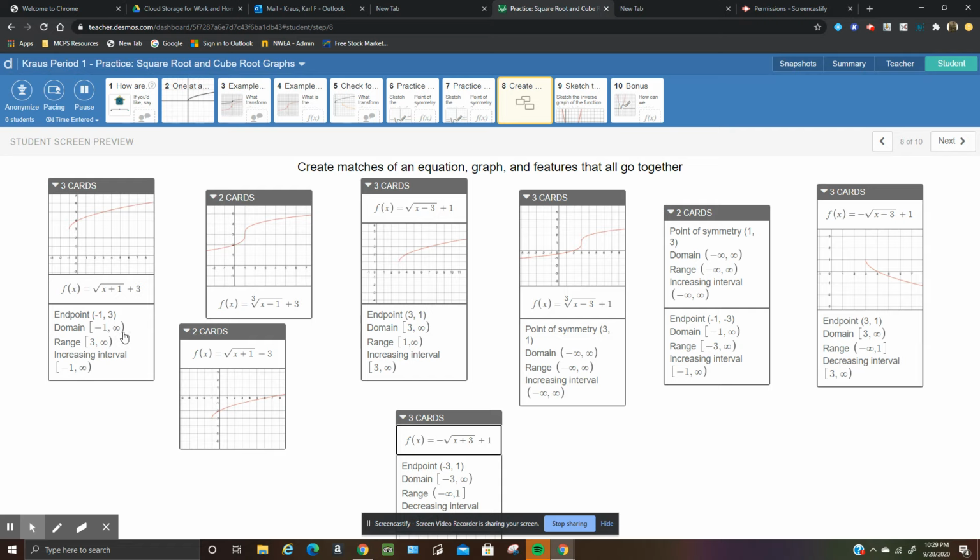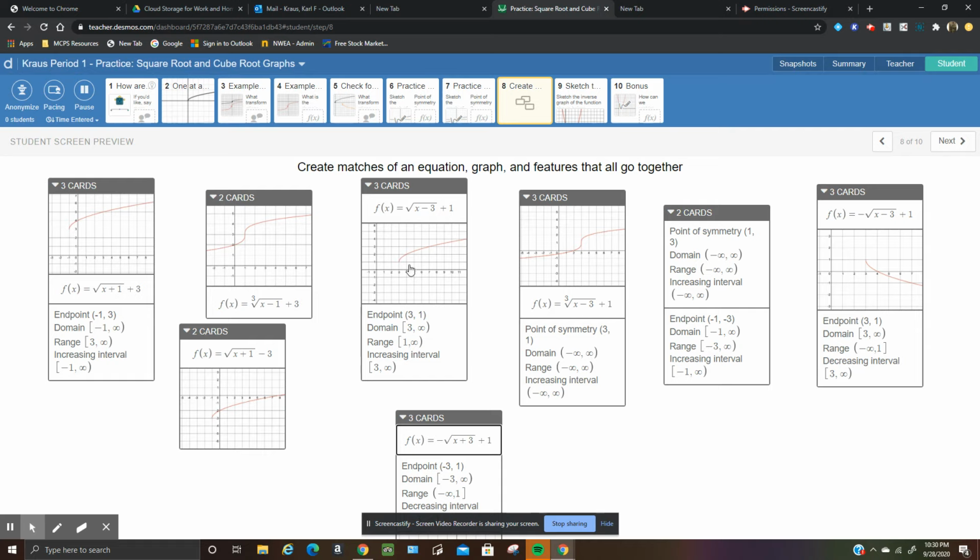Domain -1 to infinity, range 3 to infinity, increasing -1 to infinity. That looks right. The cube root of x - 1 plus 3. So this point of symmetry is 1, 3. This is endpoint -1, -3.